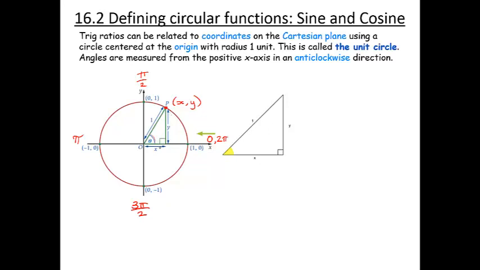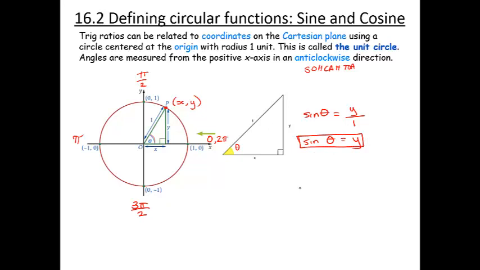So here's my angle theta, and using my trig ratios, if we remember SOHCAHTOA, I know that the sine of any angle is equal to the opposite, which is whatever the value of y is, over the hypotenuse, which is 1. That gives me that sine of theta is always equal to the y coordinate.